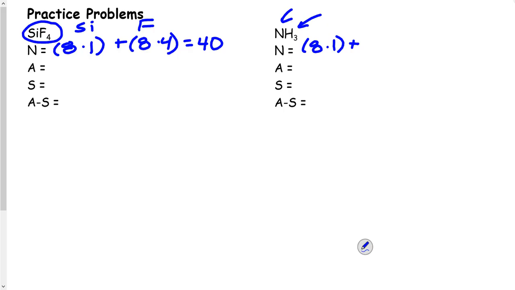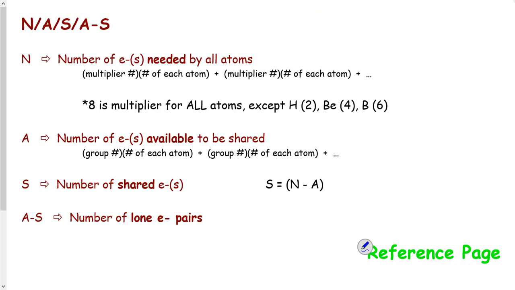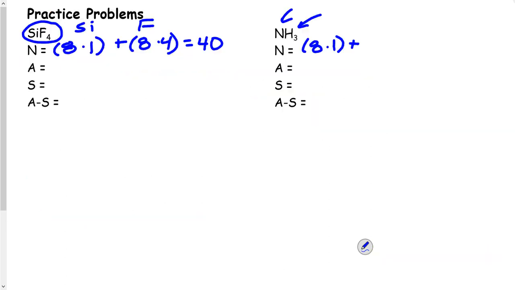Now, if we go back and we look at the rules, notice that the rule for hydrogen says that hydrogen's multiplier number is 2. So because of that, I'm going to use a multiplier number of 2 for my hydrogen, and then there are 3 of them. So 2 times 3 is 6, plus 8 is 14, another even number.